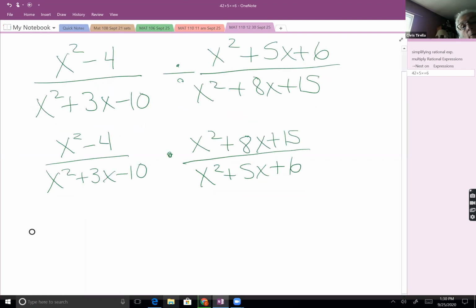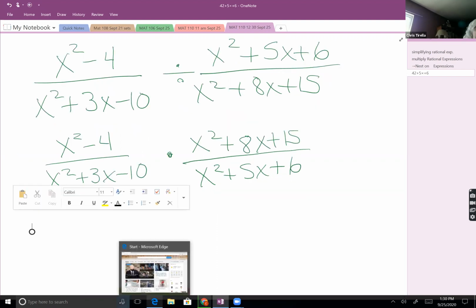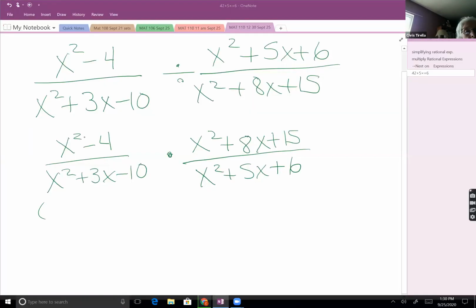Now that we've got a multiplication problem, in order to multiply, the first thing that we have to do is factor. Factoring that numerator is x plus 2, x minus 2.